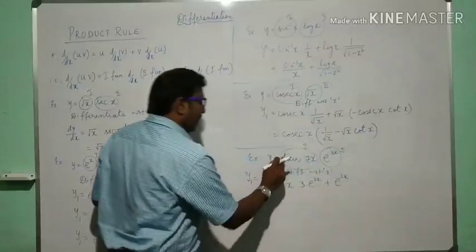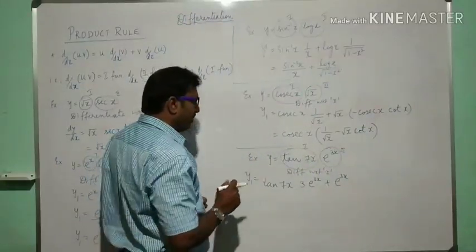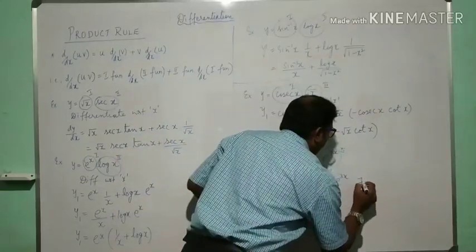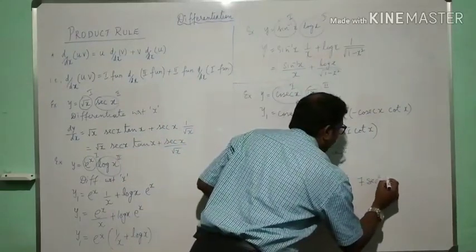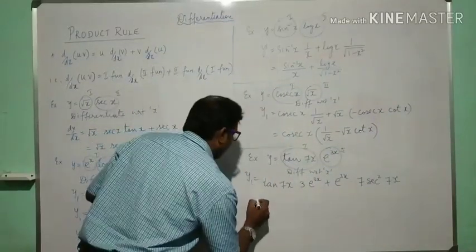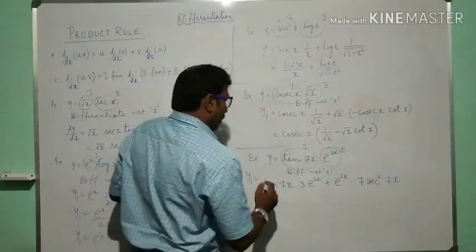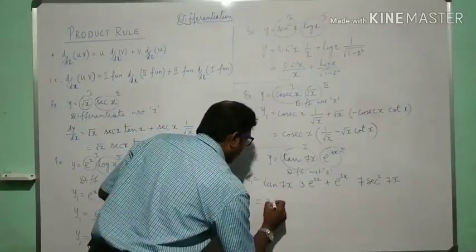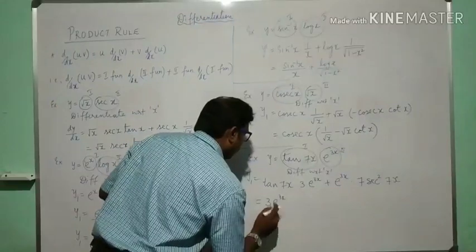Tan 7x, when you take the derivative, you all know that it is 7 secant square 7x. Now nothing is common here, just rearrange: 3 e power 3x tan 7x plus 7 secant square 7x e power 3x.